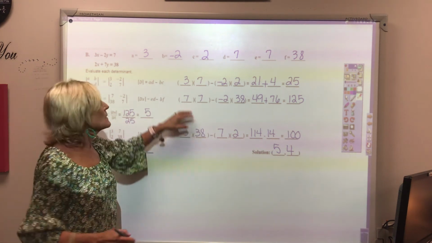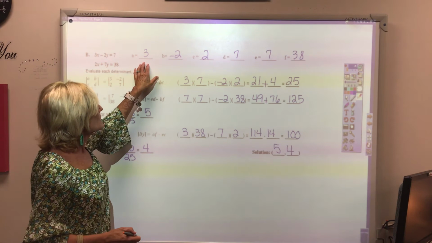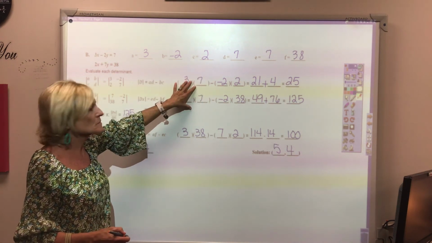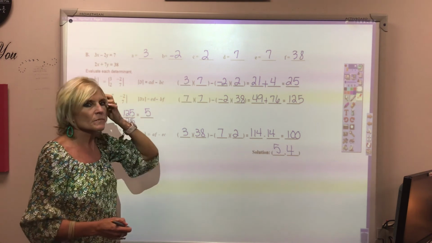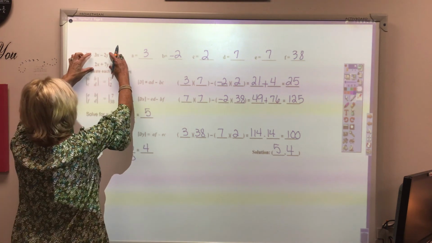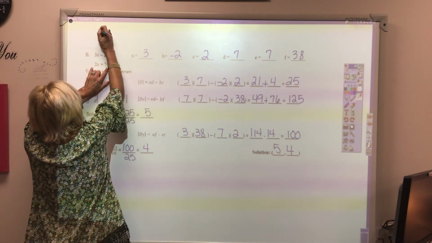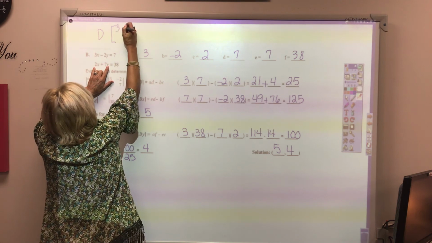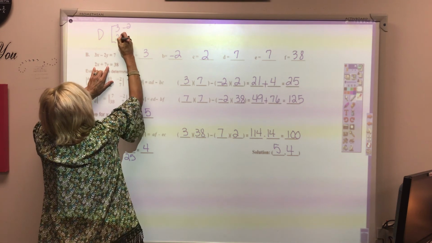So you can work these by labeling out your A through F if you want to, and use this pattern, or you can just simply remember that for D, the main determinant, you take 3, negative 2, 2, 7.